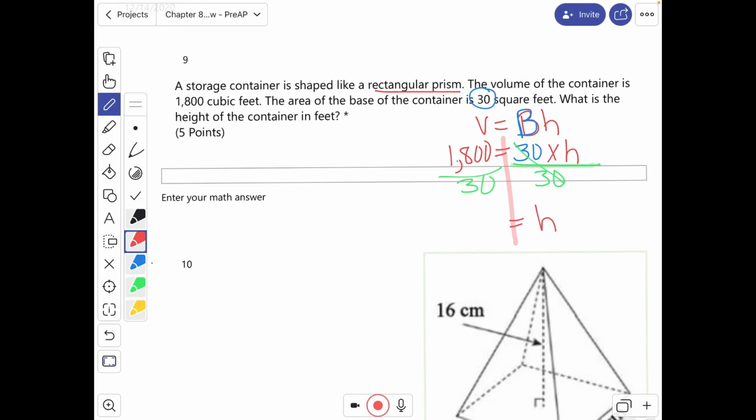H comes straight down, equal sign straight down. And look, before you start dividing, we could take off a 0 because they both end in a 0. And 180 divided by 3 would make 60. So the height of the container is 60 feet. And if you're putting it in the computer, you can just put the number 60.